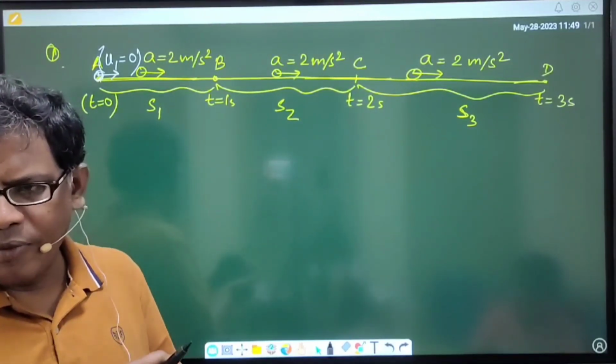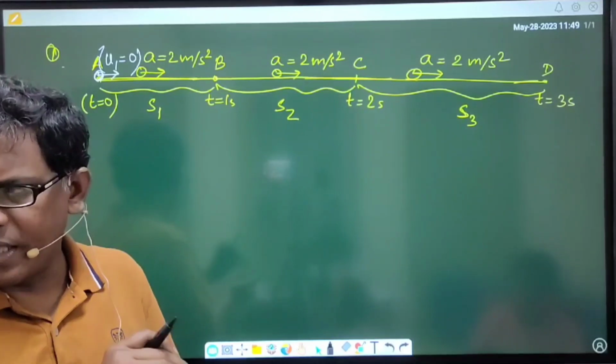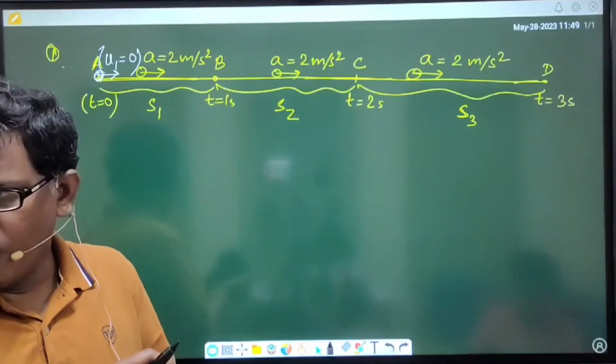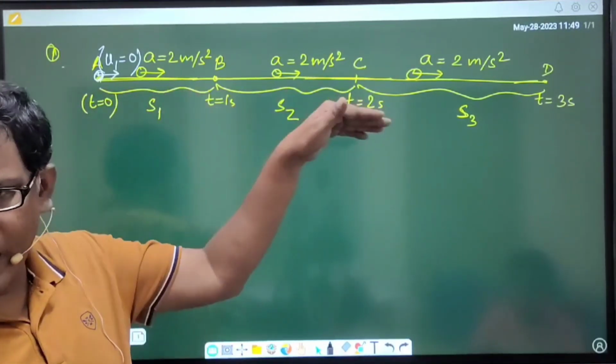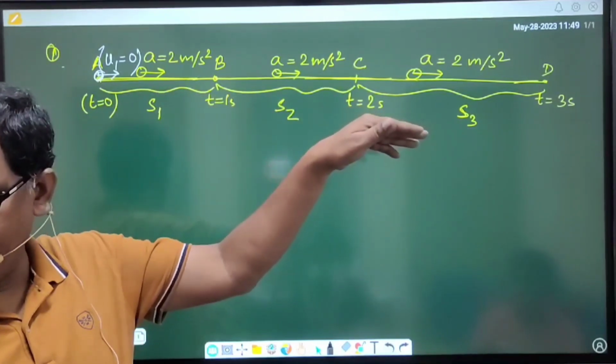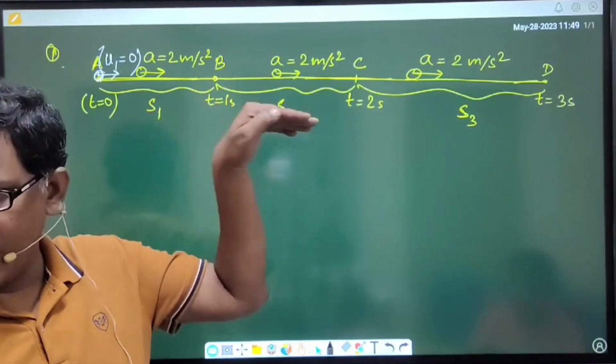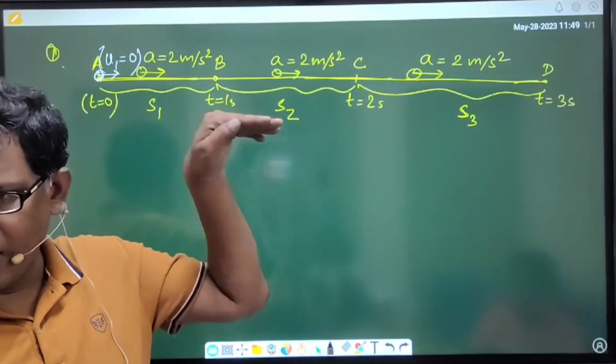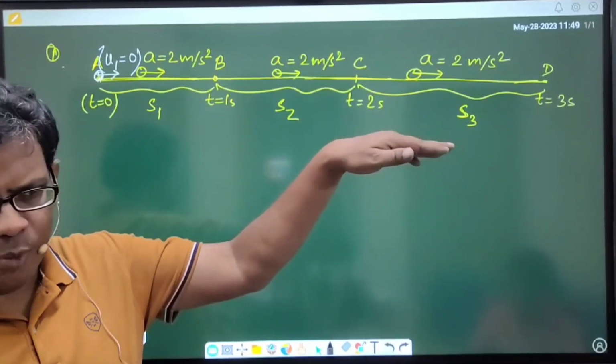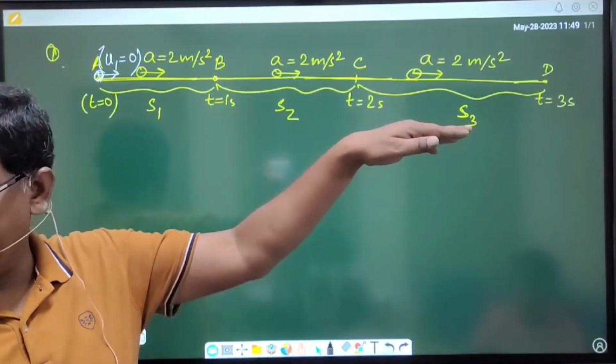In the direction of acceleration, velocity must increase. Particle is moving rightward, acceleration is also given rightward. That means acceleration is available in the existing direction of motion, so velocity will increase.